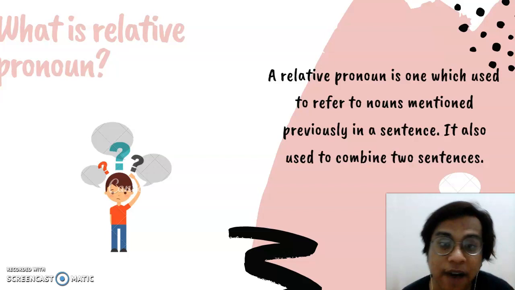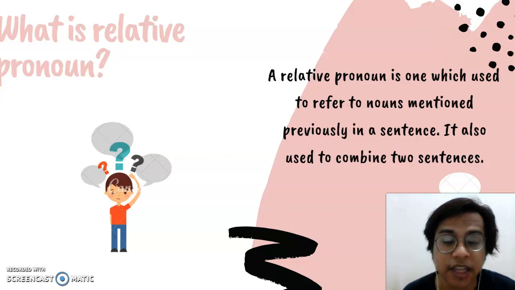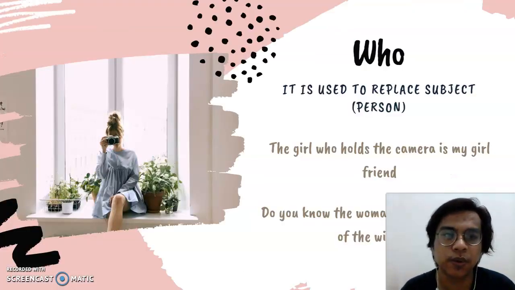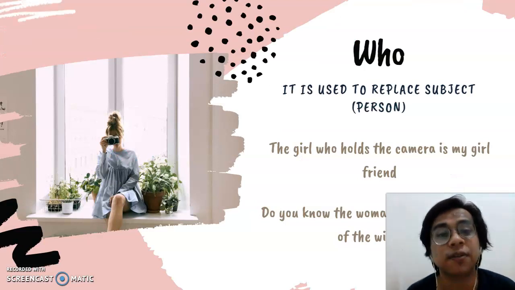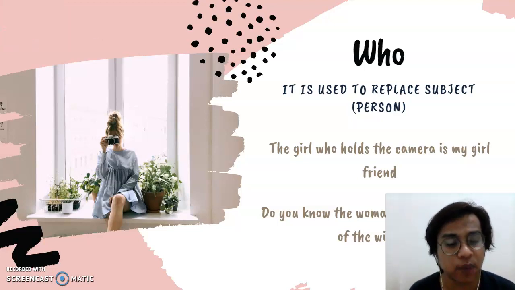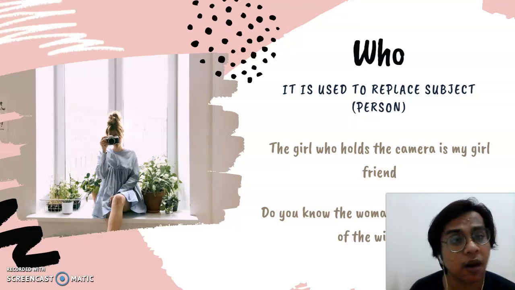In English, there are five common relative pronouns. They are who, whom, which, whose, and that. So, who is a relative pronoun that is used to replace the subject, and when we use who, it must talk about people, because we cannot use who when we want to talk about animals or things.